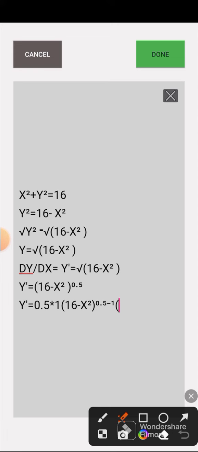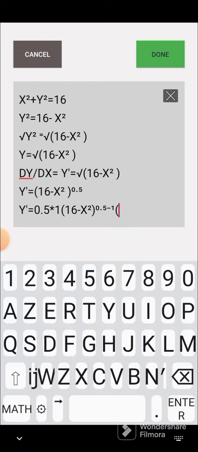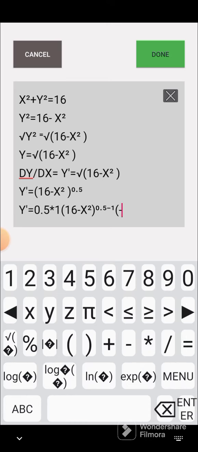So now, how do you differentiate x? We differentiate by multiplying the power by the coefficient. The coefficient is -1, so it will be -1 times the power of x, which is 2. I'm bringing brackets because the 2 is multiplying the -1.